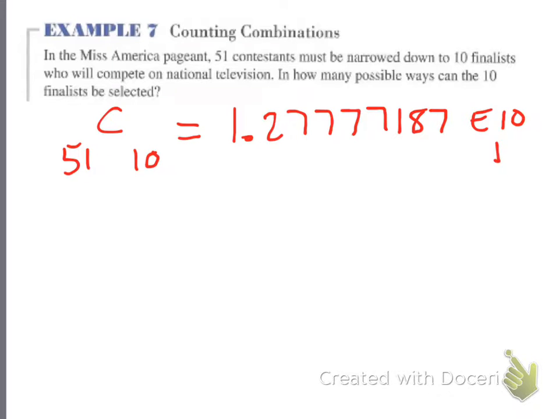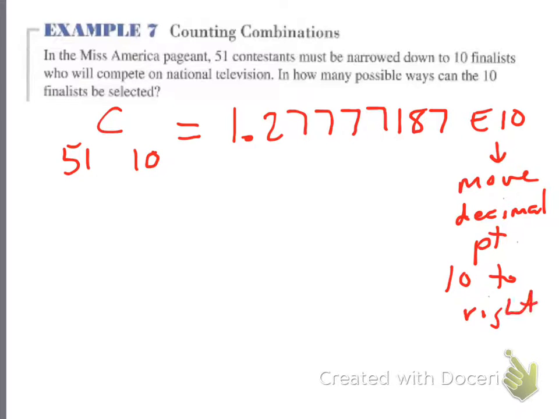That means that you move the decimal point 10 places to the right because it says E10. So 1, 2, 3, 4, 5, 6, 7, 8, 9, 10. So I have to add 2 zeros there. So here's my number.